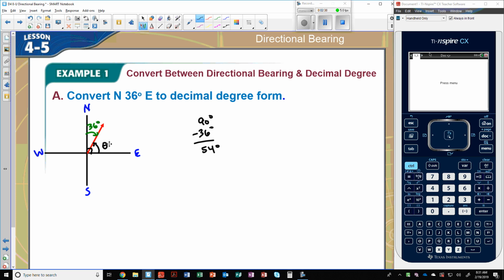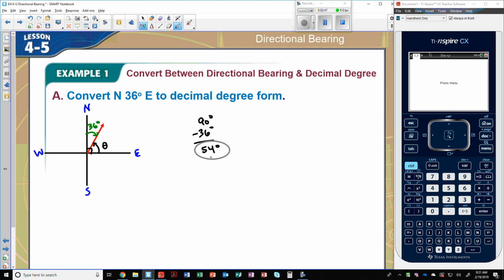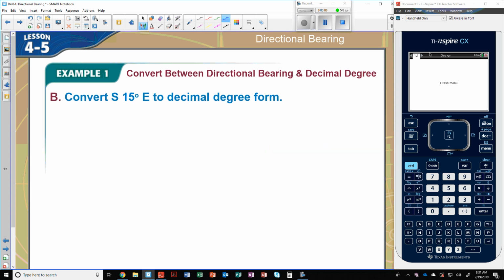Decimal degree means you could use a decimal, but this one is a whole number, so 54 degrees is my answer. The note to understand is that's from the positive x-axis. Anytime we use our calculator in mathematics, you go from the positive x-axis, so that's what that 54 degrees represents. Let's try another one.